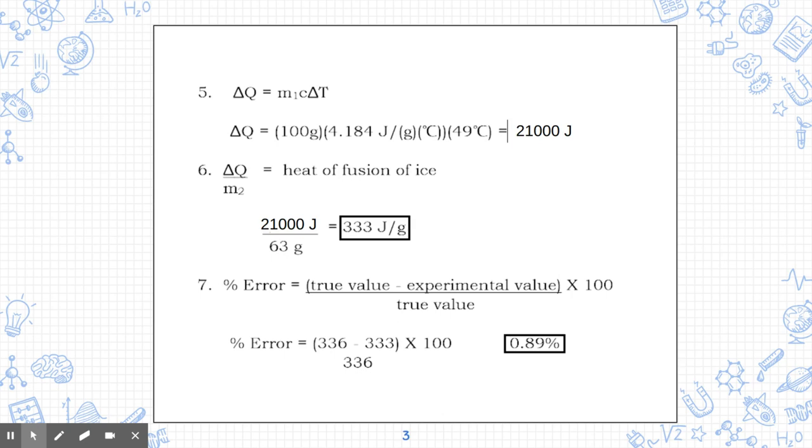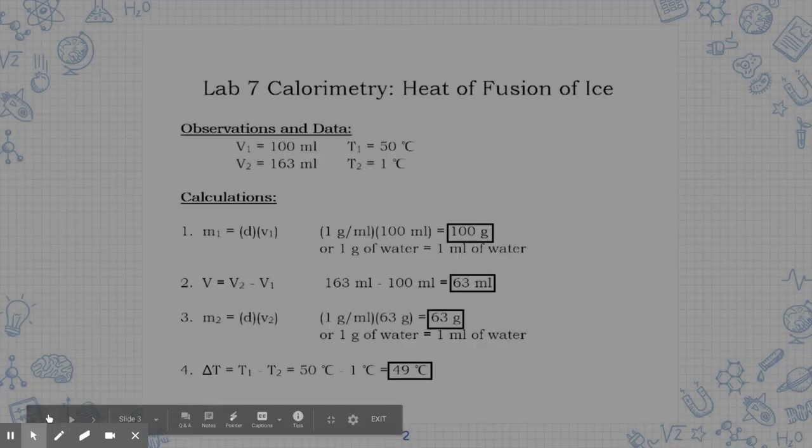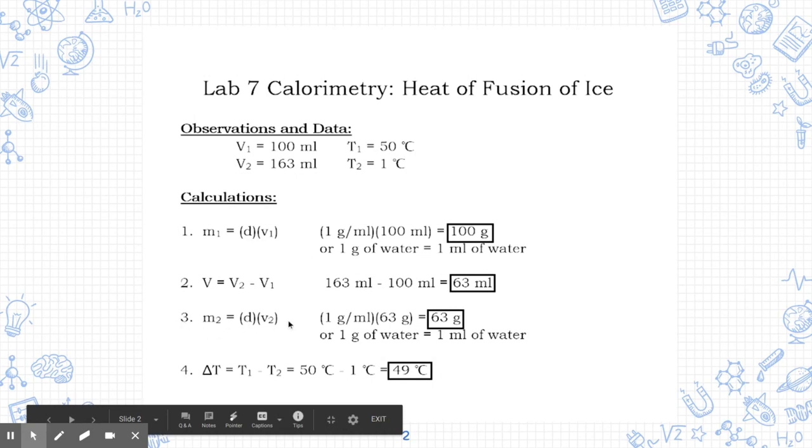Calculation number 6 says to find the heat of fusion of ice. For this one, if you could show your work, there isn't much to show here. It's going to be your delta Q divided by mass 2. Delta Q you can find up here in your calculation number 5, whatever you got your joules to be. I did round my number of joules to 21,000 joules. And M2 comes from calculation number 3, whatever you got for your mass.